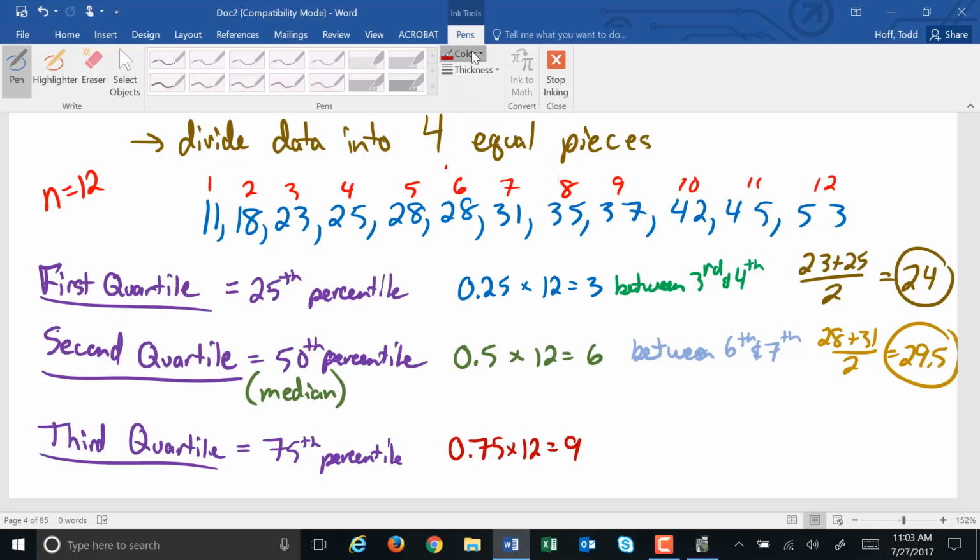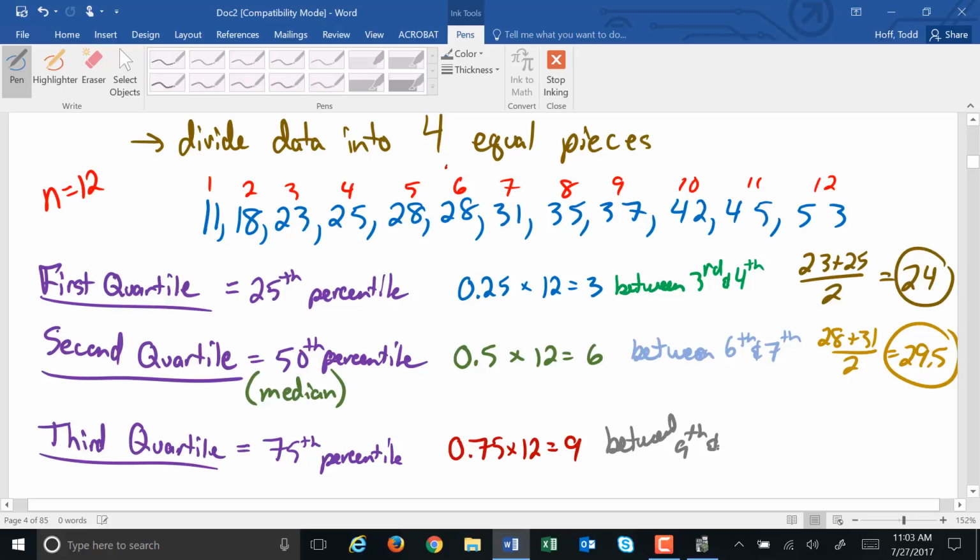So that's going to be between the 9th and 10th. So yes, 37 and 42, which is 39.5.